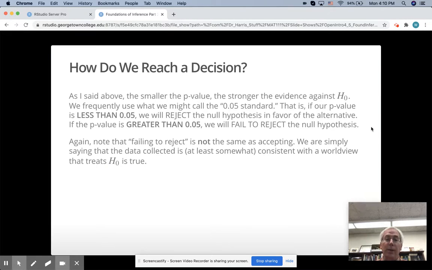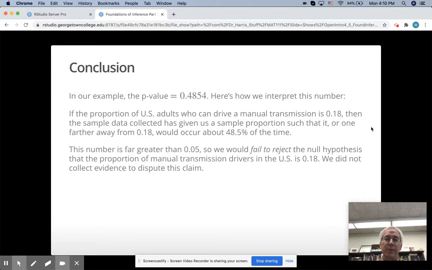And as I say here, the data that we collected seems to be consistent with a world in which the null hypothesis is actually correct. So what is this 0.05 standard? Just applying it in this particular case, our p-value was 0.4854. I've written a sentence here that interprets that number in context.